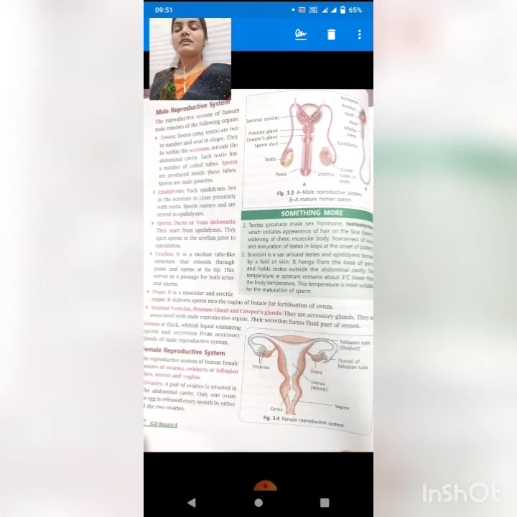So what is semen? Semen is that thing, students, which not only contains the male gamete but also several fluids. These several fluids are secreted by the different glands, for example the seminal vesicle, prostate gland and Cowper's gland.